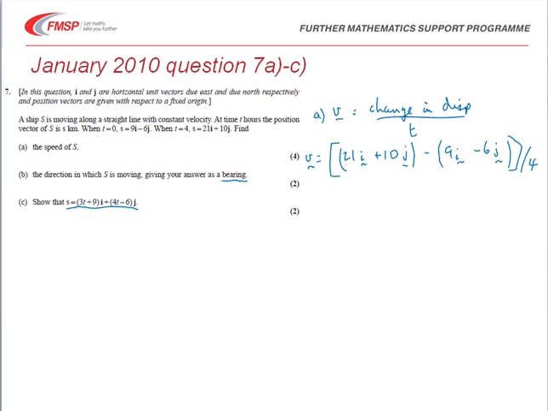If you do that, then it's quite straightforward to show that we get 3i plus 4j. That's the velocity, but we're asked for the speed at that time, so the speed is equal to the square root of 3 squared plus 4 squared, of course a 3, 4, 5 triangle, so this is 5, and we're talking about kilometers per hour.